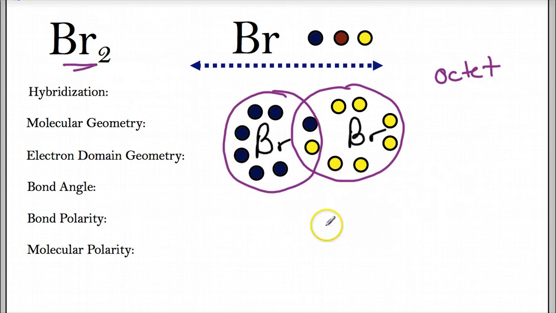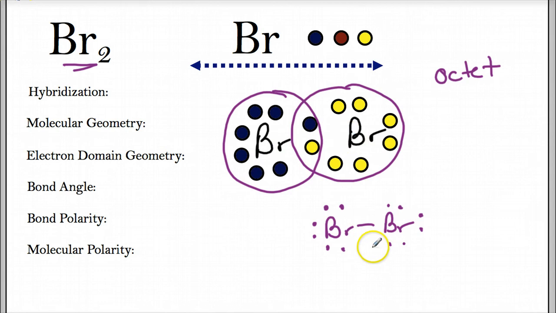Now I can write this another way. I can write Br, a single dash for the 2 electrons. Each bond is a dash. But when I do it this way, I have to be very careful that I write in the lone pairs of electrons that are not involved in the bonding. If I leave them out, this would be wrong. So the dots that I drew above is a correct Lewis dot diagram.